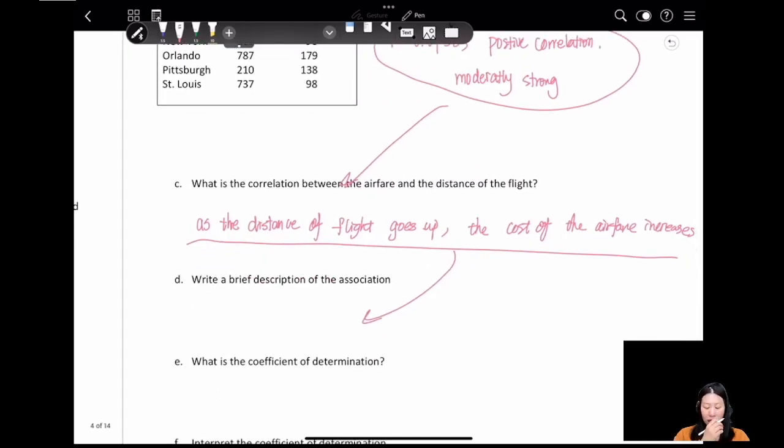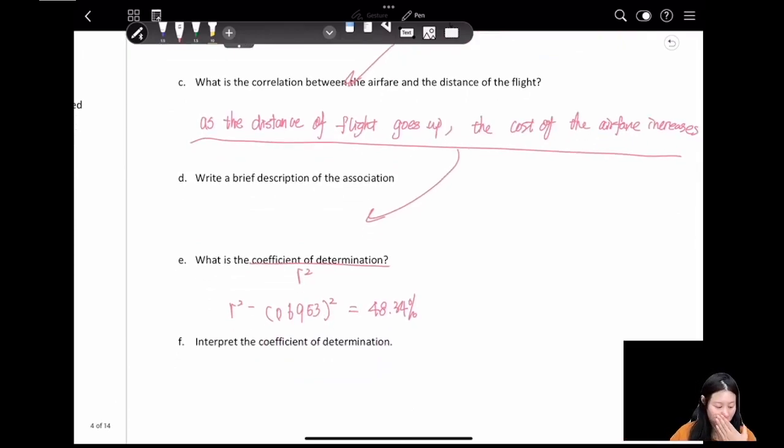And then part E is asking, what's the coefficient of determination? So the coefficient of determination is R squared, right? So R is equal to 0.6953. And then we square it, we have 48.133%. Remember, you need to turn this into percentage form. And interpret the coefficient of determination.